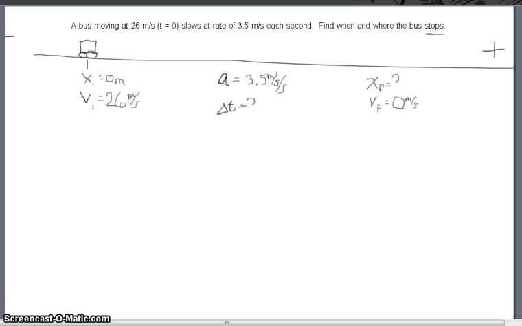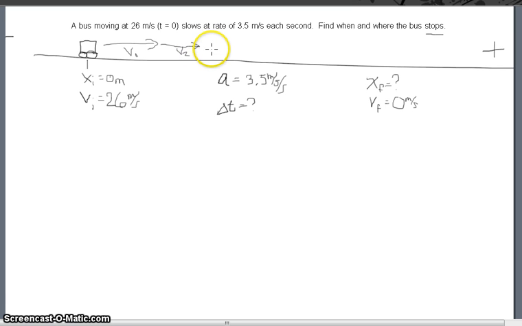So the next part is to construct a physical representation, which means motion diagrams and position versus time and velocity versus time graphs. We're going to begin by drawing a motion diagram. Since the bus is moving at 26 meters per second and slows at a rate of 3.5 meters per second each second, we're going to draw a motion diagram that shows the bus slowing down. So on here, I have V1, and my V arrow should be getting smaller.